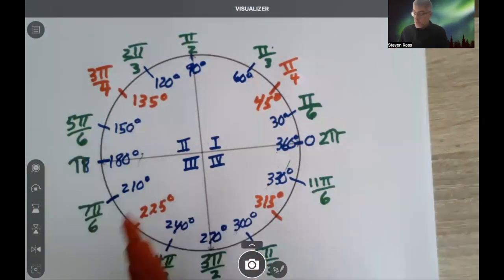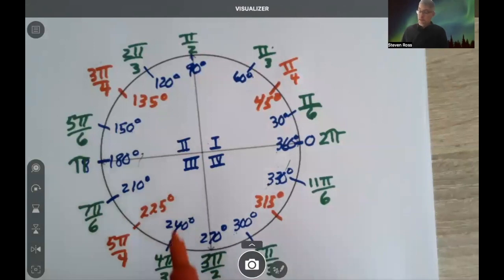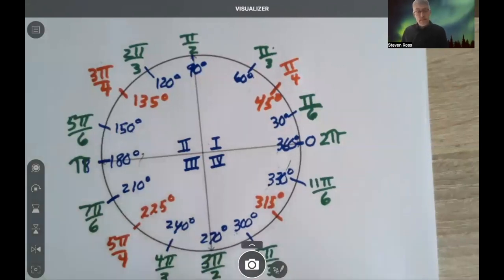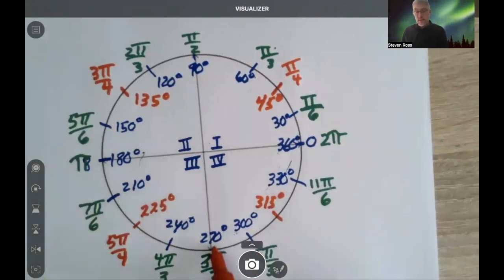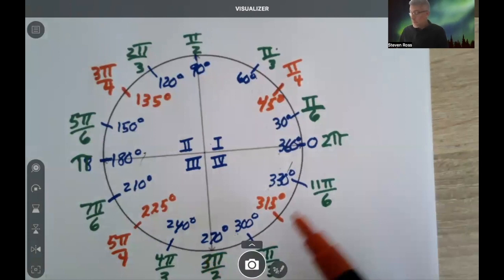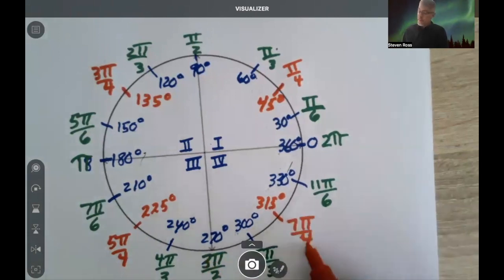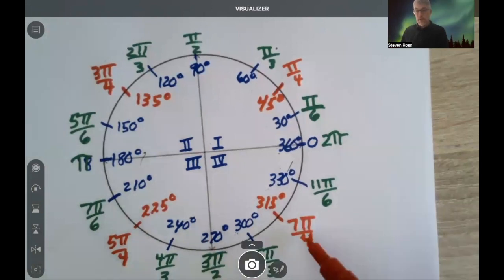Jump over here to 5 pi over 4. And then we go to 6 pi over 4. Down here is the same thing. Reduce it to 3 pi over 2. 7 pi over 4. Just continuing to count pi over 4 degree angles, or pi over 4 radians, that is.